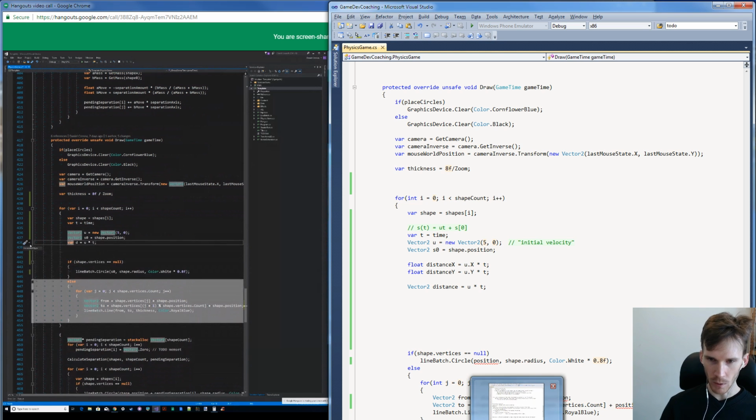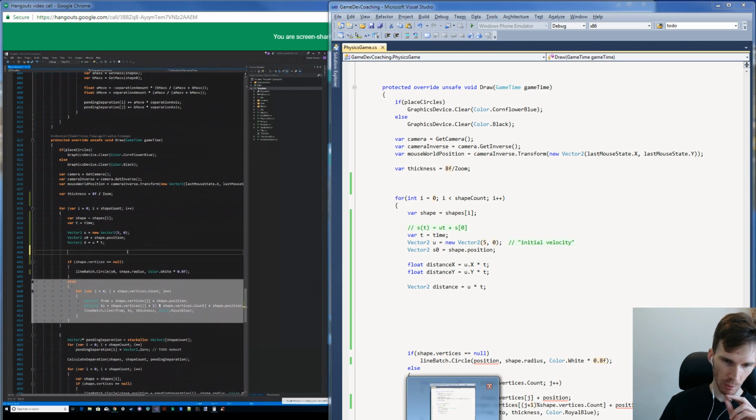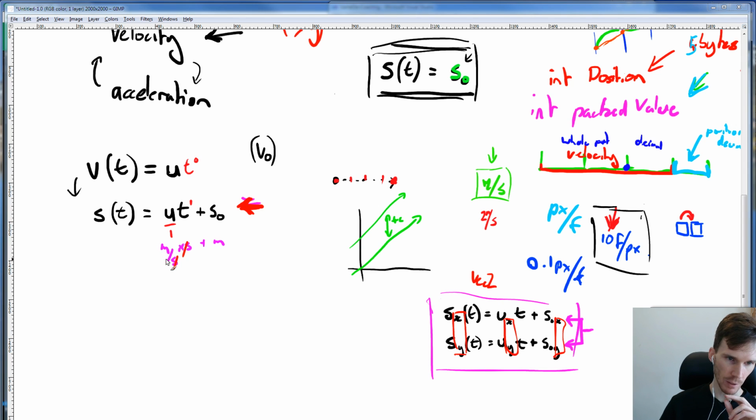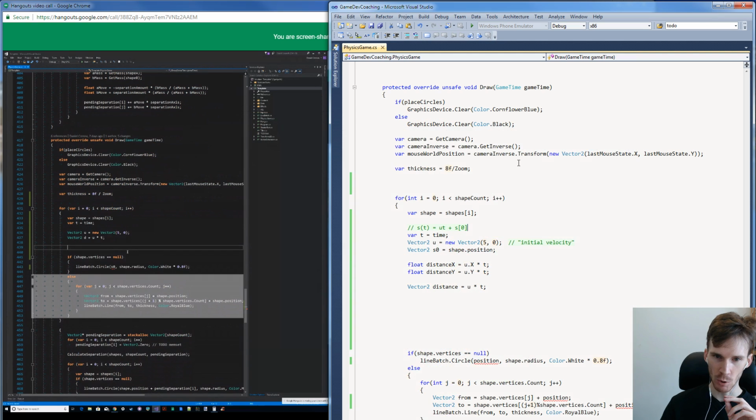One way you can think about this usefully is the same way we did meters divided by seconds times seconds. It's two-dimensional meters divided by seconds times seconds plus two-dimensional meters, and at the end you get two-dimensional meters because you can just add the two-dimensional meters up. So the same unit analysis will work with dimensional analysis.